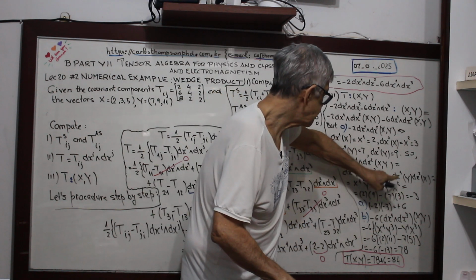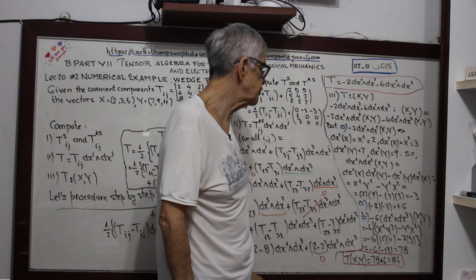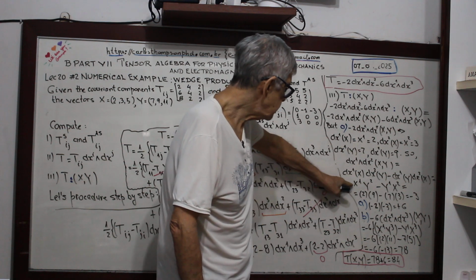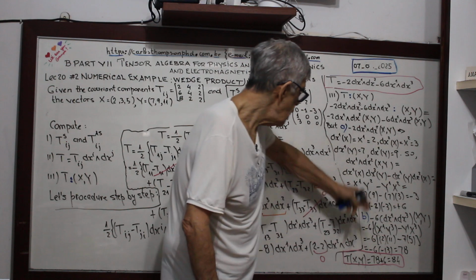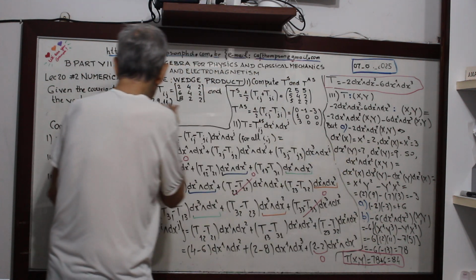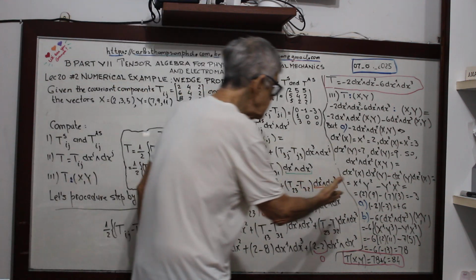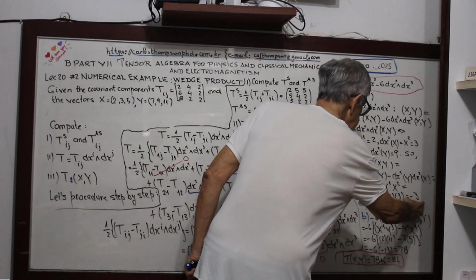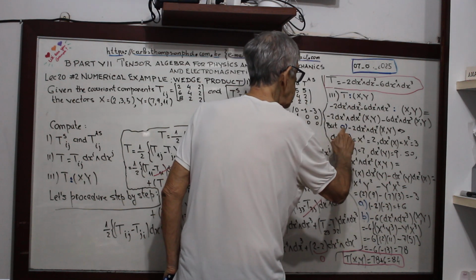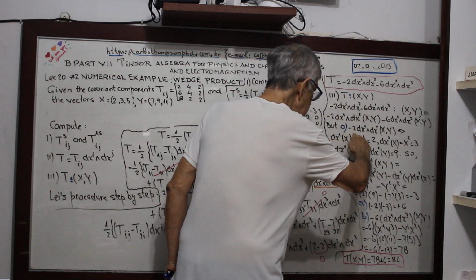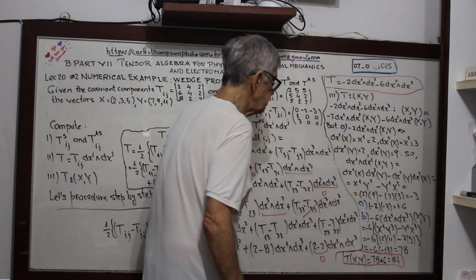So then x1 y2 minus y1 x2. I just substitute these numbers over here, and I will obtain minus 3. But for item A, I have to multiply by minus 2. So minus 2 times minus 3 is plus 6.